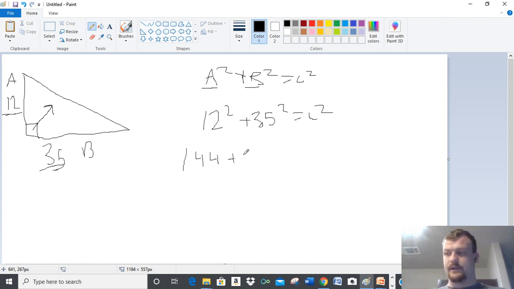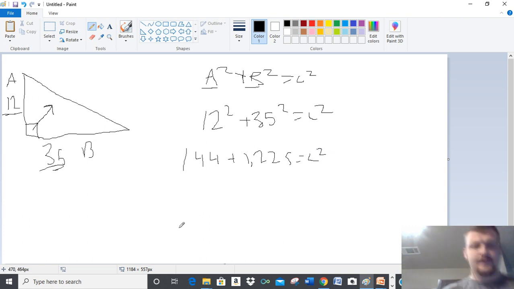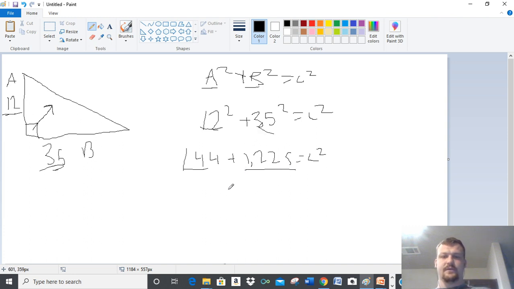So I had to put it in the calculator. 1,225 equals C squared. So you square 12, you get 144. You square 35, you get 1,225 equals C squared.